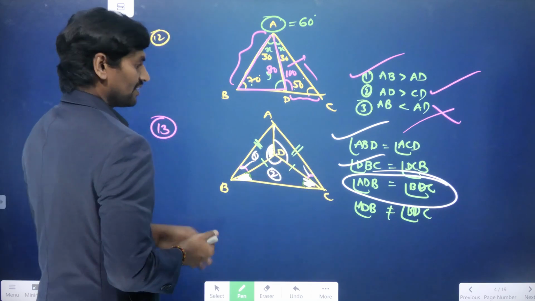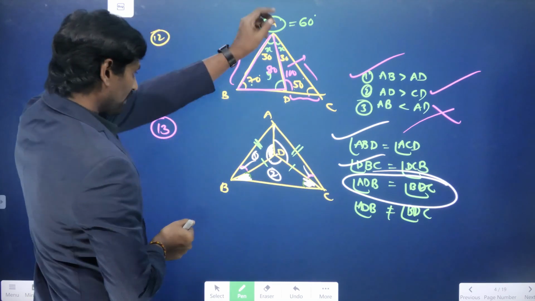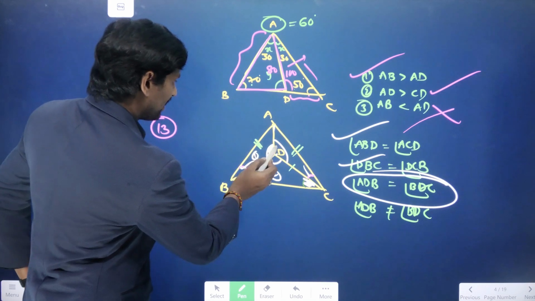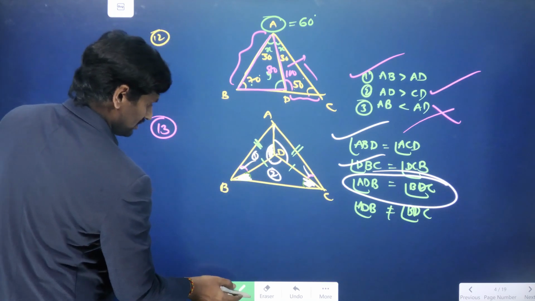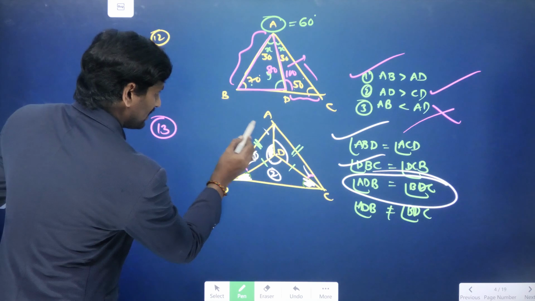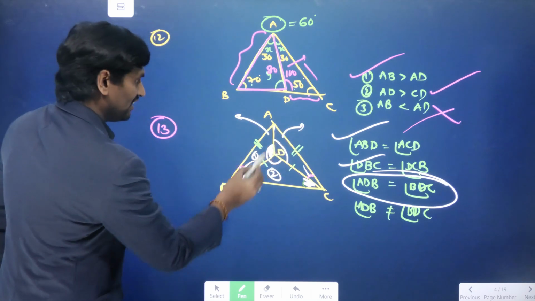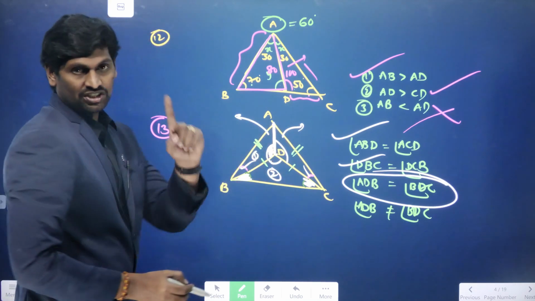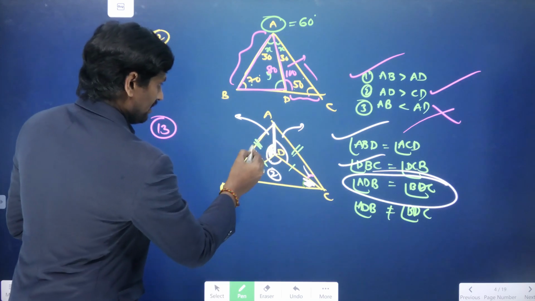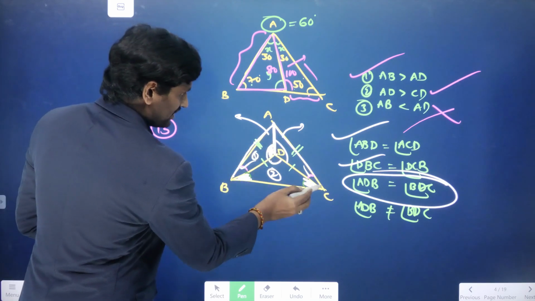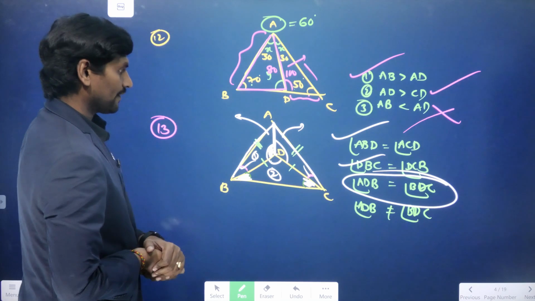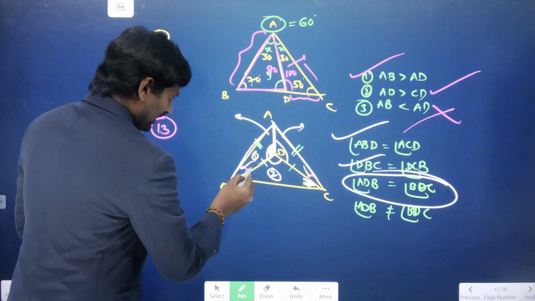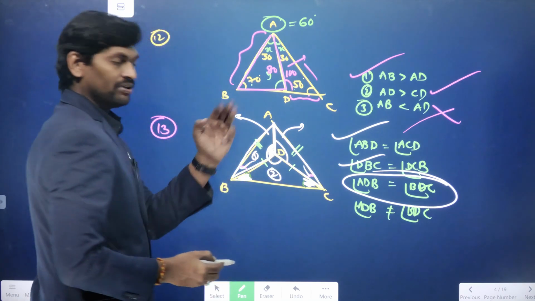Okay, let us try both of them. If you take these two angles, in the first triangle and second triangle, AD is a common side. First measurement we got: AB equals AC. Second measurement also we got: BD equals BC. Third measurement also we got.